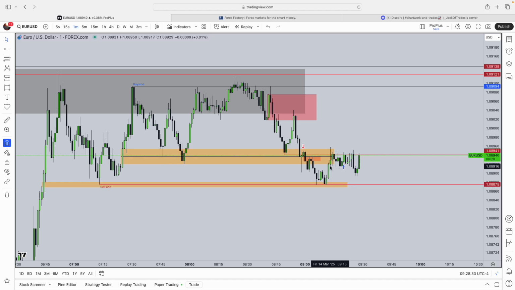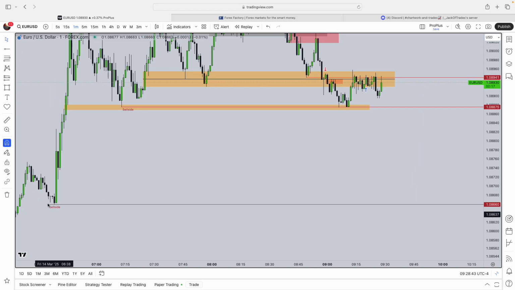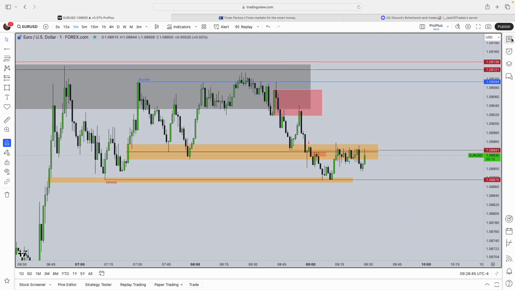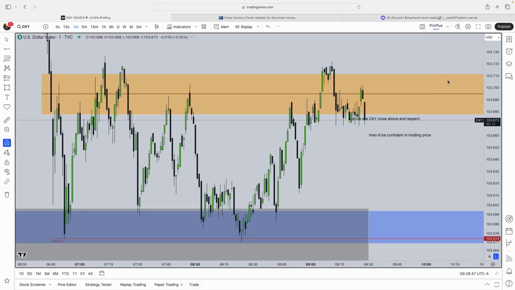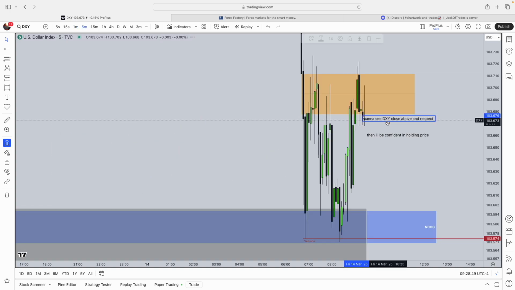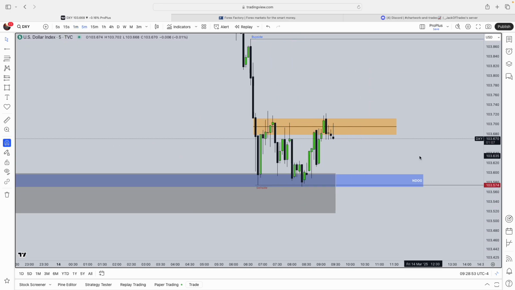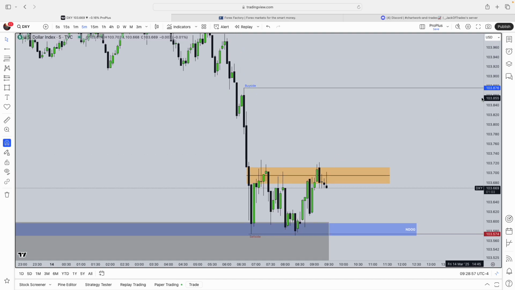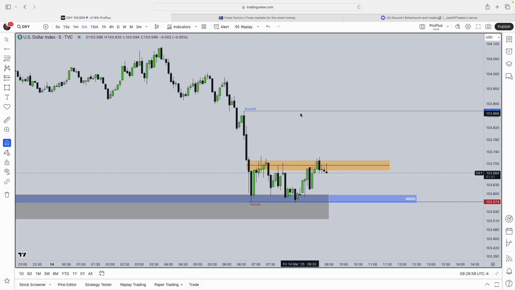Once I saw that, pretty much had a feeling that price was going to struggle. I would have loved to have seen breaks lower there. Then I think we would have seen sell side run lower. As I pointed out with the DXY, the dollar index, if price ended up closing above and respecting that, then I would have been confident to see it run buy side there.